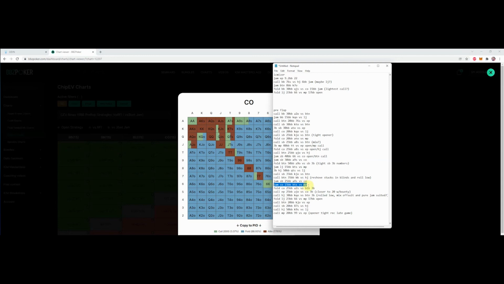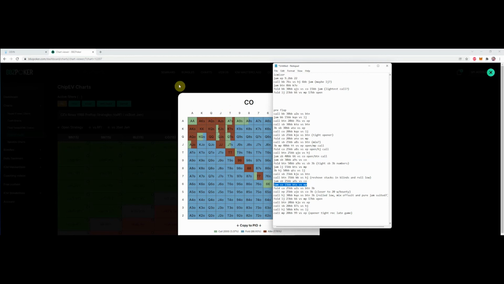At 30 bigs plus, EP is going to be opening a wider range of hands, which would make King 10 suited a more profitable jam. If EP is opening off of 15 or 20 big blinds, their range is going to be much tighter. So in that regard, I would see a lot more incentive to be putting in some call here with King 10 suited. So I actually immediately take that back.